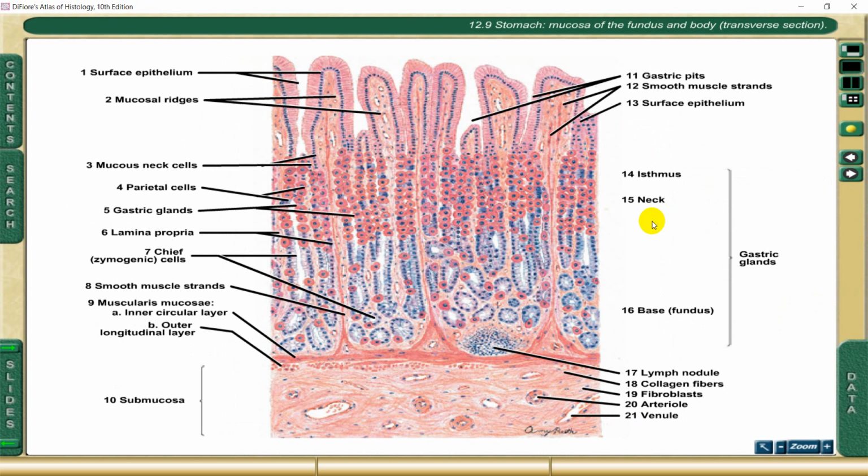The stomach can be divided into three regions: the cardiac region, fundus and body, and pyloric region. The cardiac region is a narrow circular band, 1.5 to 3 cm in width, and the transition between the esophagus and the stomach, meaning from the stratified squamous epithelium to the simple columnar epithelium.